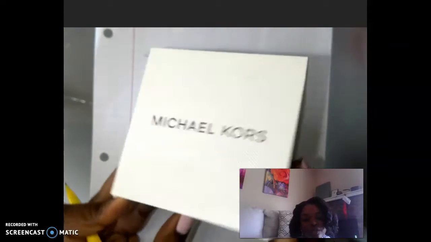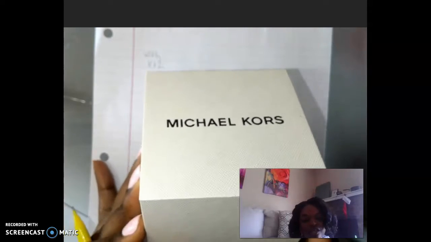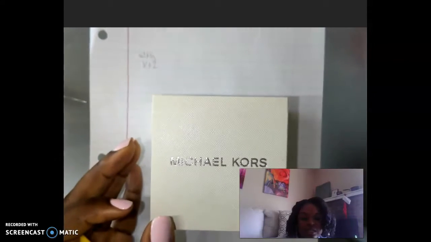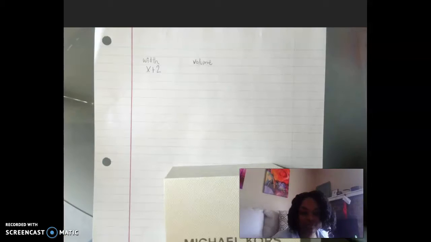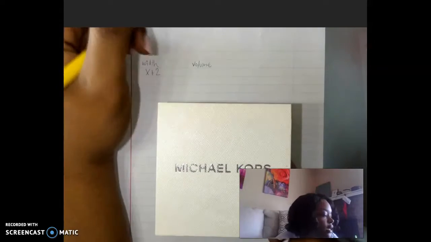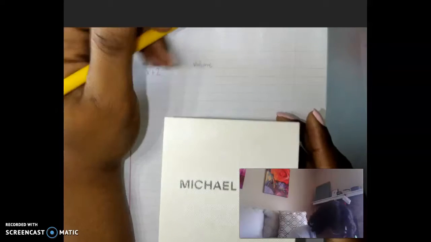Remember, volume is length times width times height. So if we were to multiply all that together, let's say the volume is x squared plus 4x plus 4.